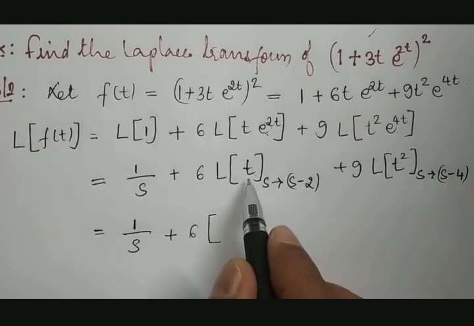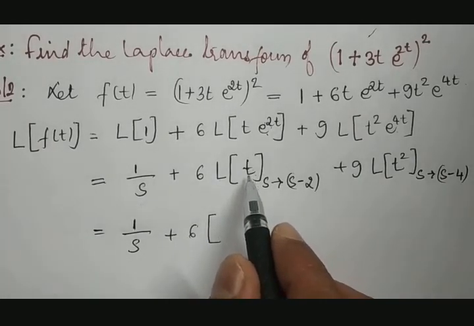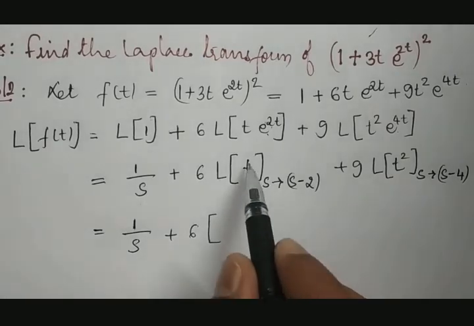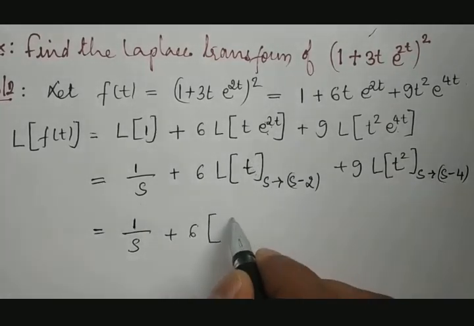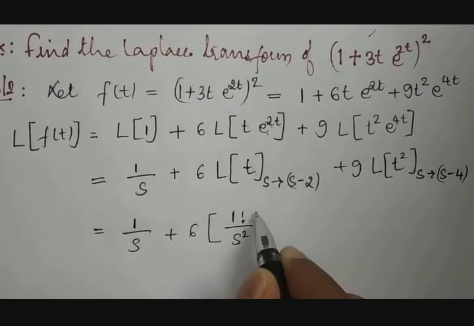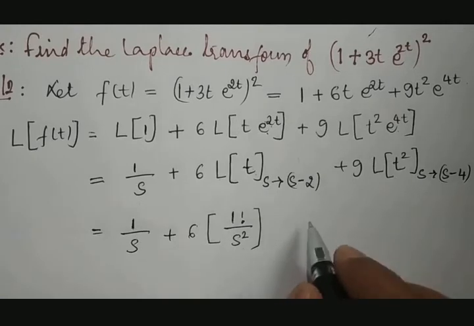Now you tell me what is the Laplace transformation of t, algebraic? Laplace transformation of t raised to n is what? n factorial divided by s raised to n plus 1. Therefore, here n is equal to 1. Therefore, it becomes 1 factorial divided by s raised to 1 plus 1, that is 2, means s square.